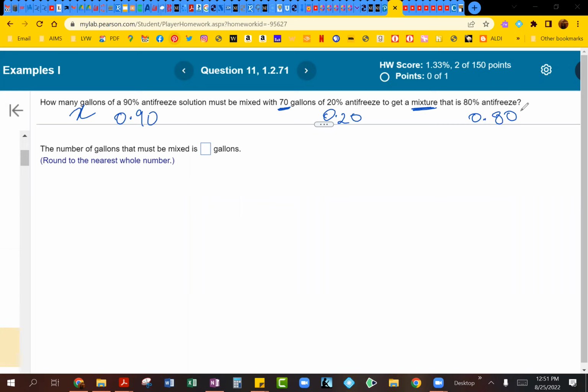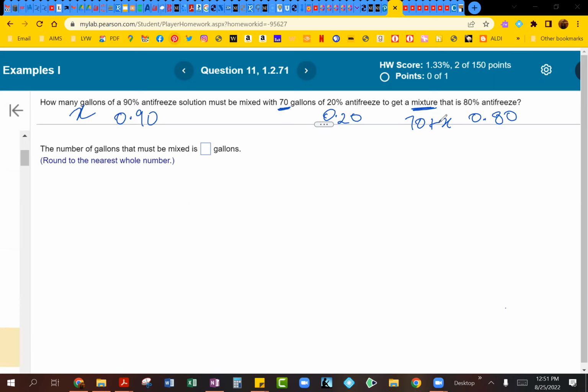Well, we don't know the number, but we need to come up with the expression. So you're mixing the 90% concentration with the 20%. Greater than 70, and how can we come up with that? There you go. That's what I was looking for. So 70 gallons of the 20% concentration plus whatever that X value comes out to be for the 90% concentration.